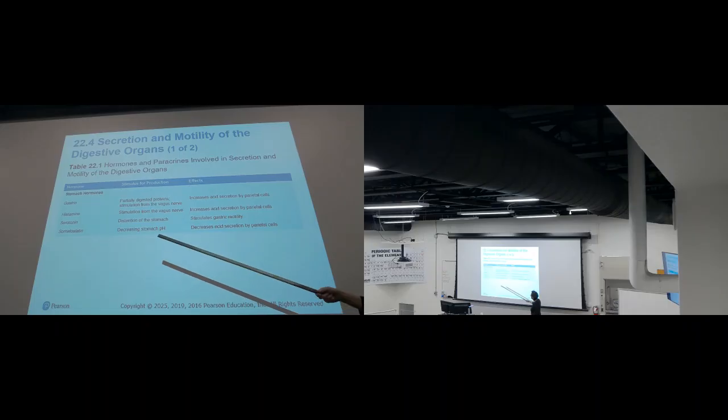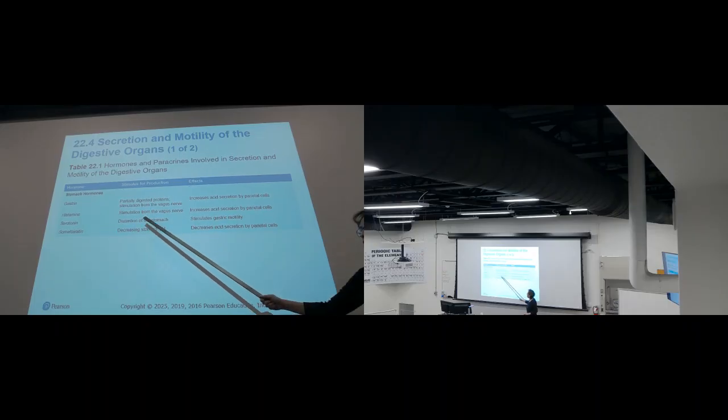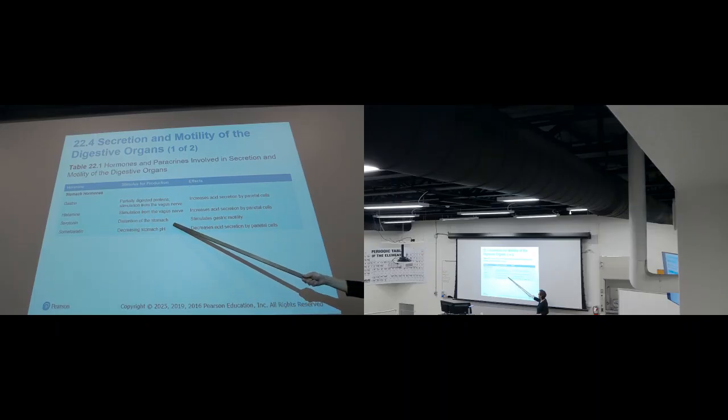And then serotonin is going to be secreted when your stomach is distended, and that stimulates gastric motility, same as for gastrin. And then somatostatin is going to be a hormone that has kind of an antagonistic effect on the secretion of acid by the parietal cells.